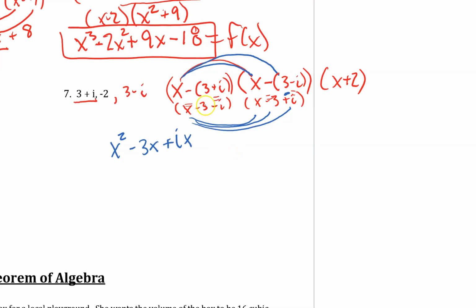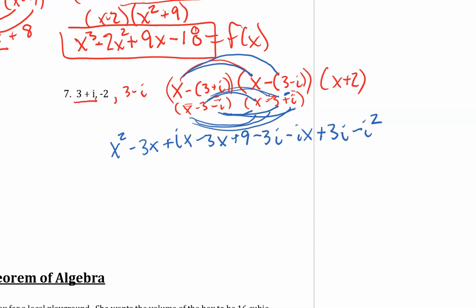Next, minus 3x plus 9 minus 3i. Next, by negative i, minus ix plus 3i minus i squared. We'll simplify this before we try to multiply by the next binomial.